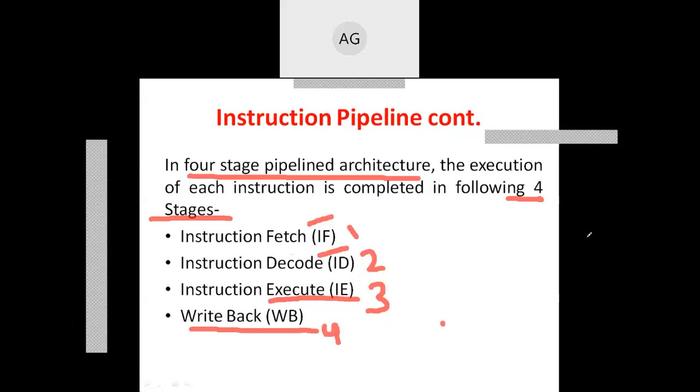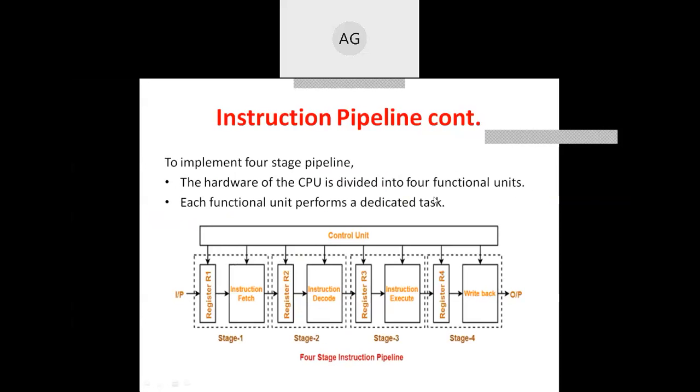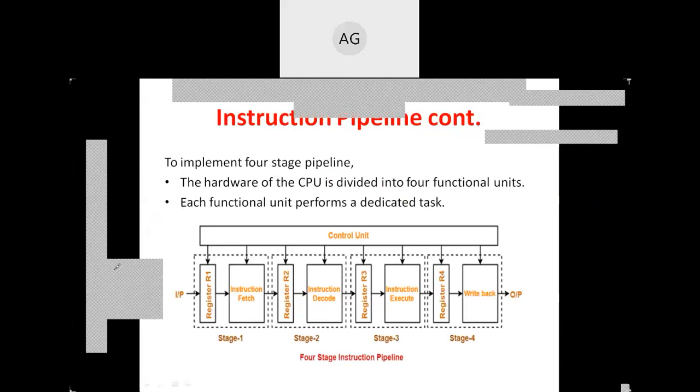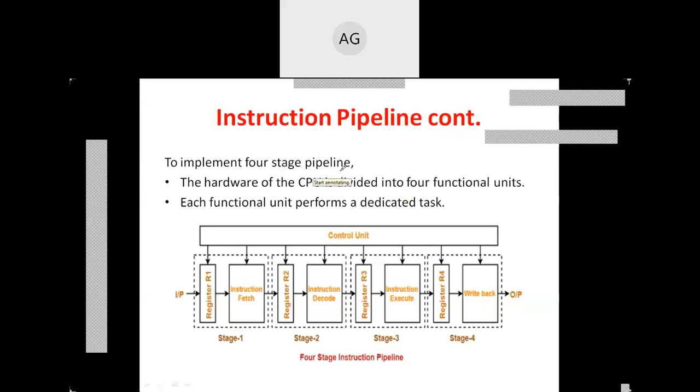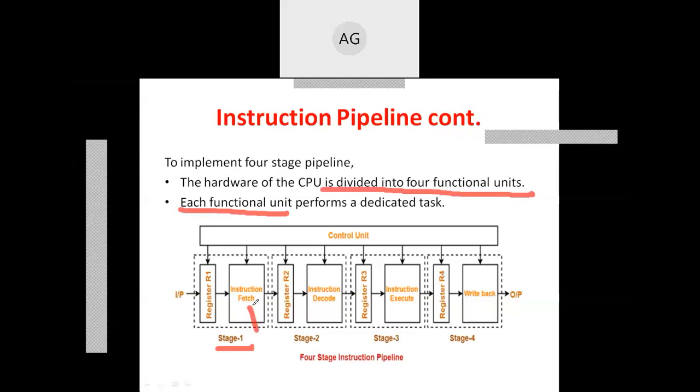Moving to the next slide. To implement a four-stage pipeline, the hardware of the CPU is divided into four functional units. Each functional unit performs a dedicated task. As you can see here, four stages are there. In the first stage, we fetch the instruction.